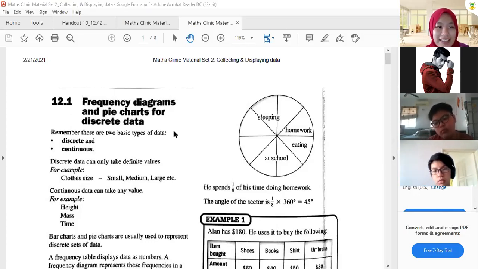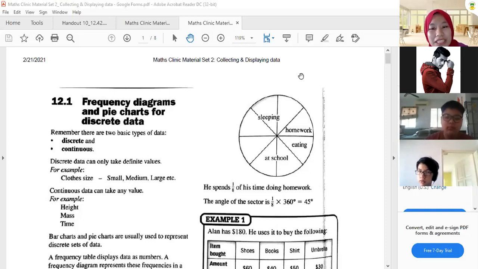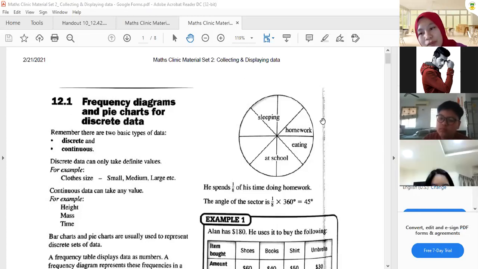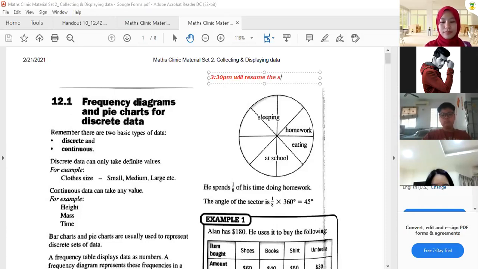What about the 2 minutes? Okay, we will resume the session at 3:30. Short break for a washroom break and to drink water. Make sure that you are on time. Stay seated in front of the laptop. 3:30. What is that lateral?